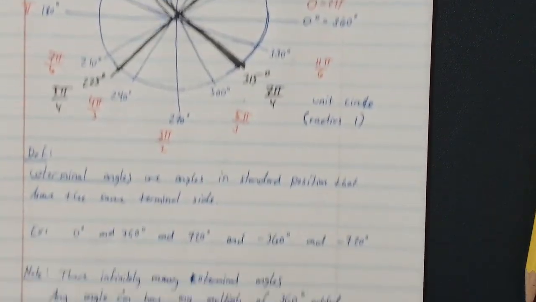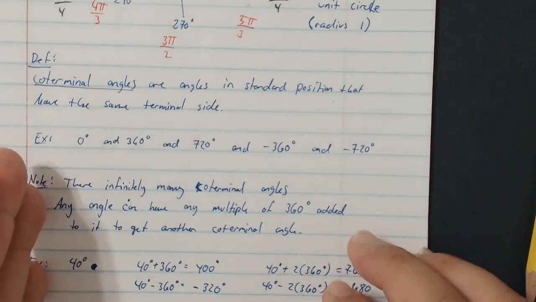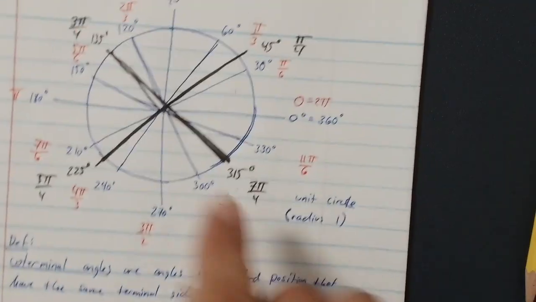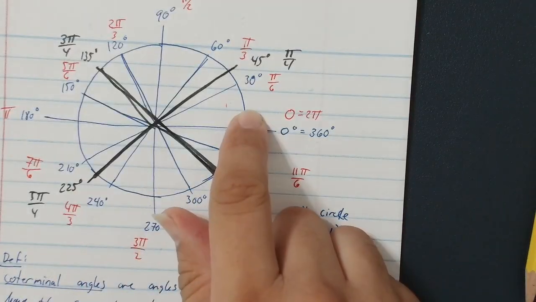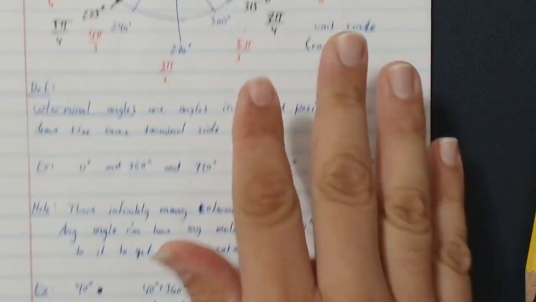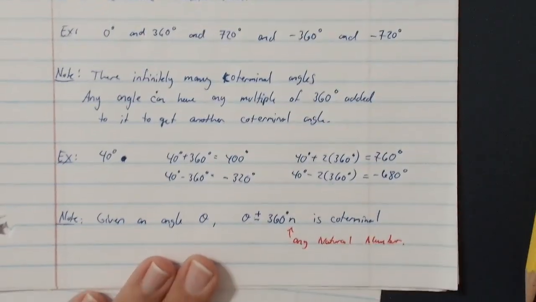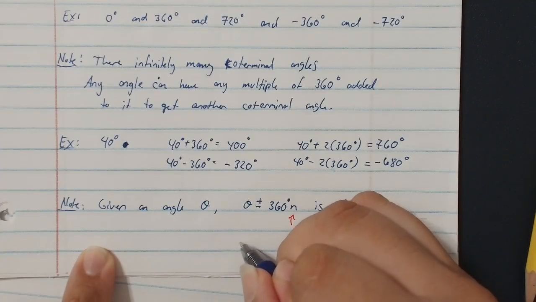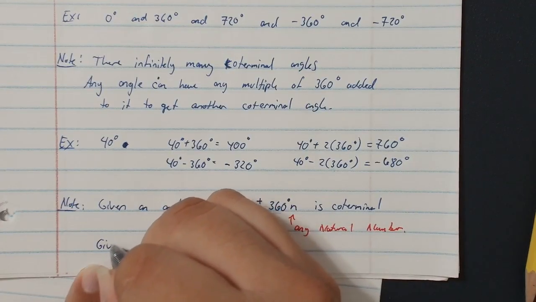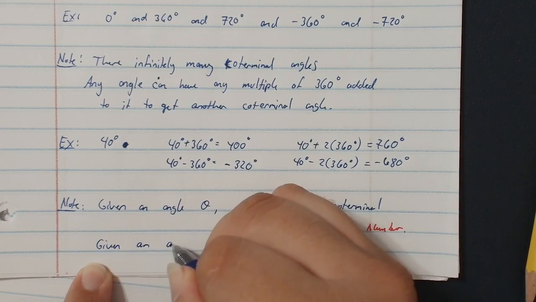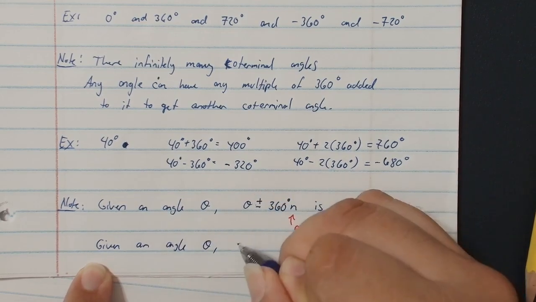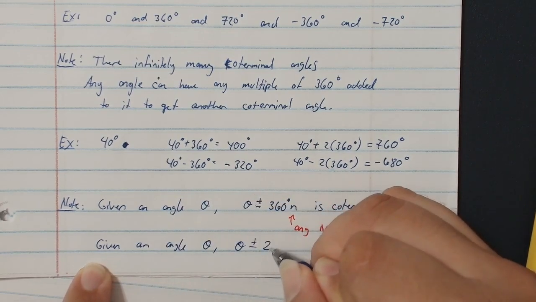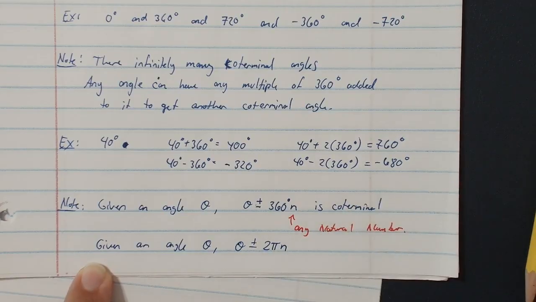And note that everything we said down here about degrees is also true for radians. The only major difference is that 1 full revolution of a circle is 360 degrees. For radians, it'll be 2 pi radians. So down here, given an angle theta, theta plus or minus 2 pi times n is coterminal.